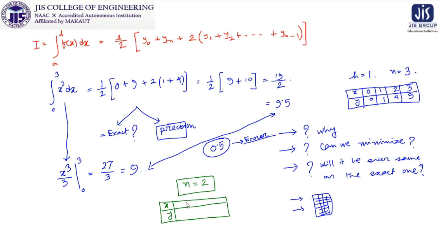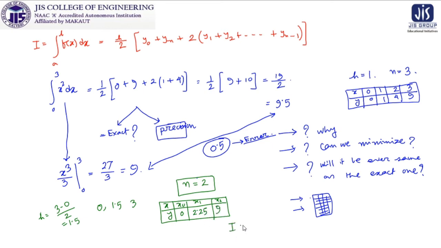Here x0 will be 0, x1 will be, our h will be (3 minus 0) by 2, that is 1.5, so x1 will be 1.5 and then x2 is 3. So 0 square will be 0, 1.5 whole square will be 2.25 and 3 square will be 9.